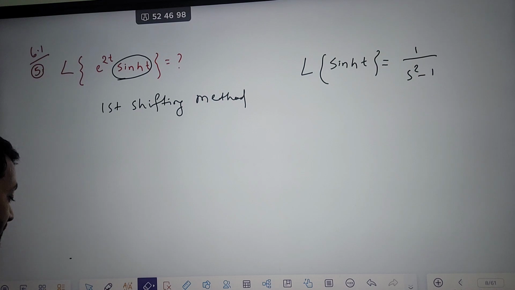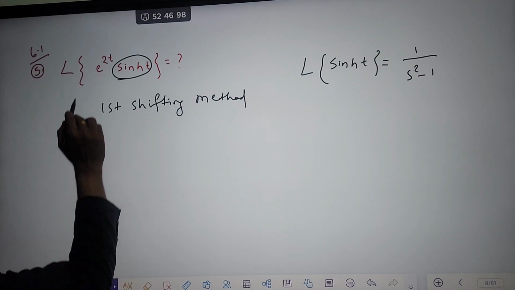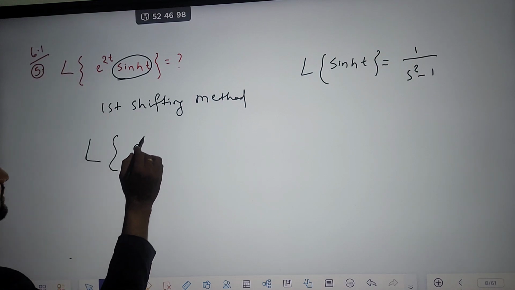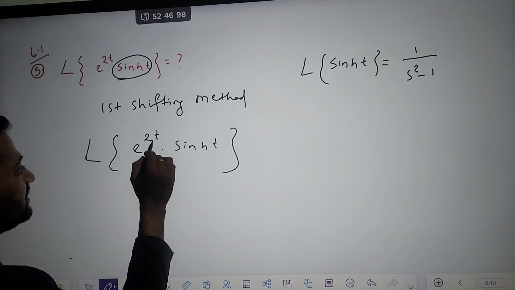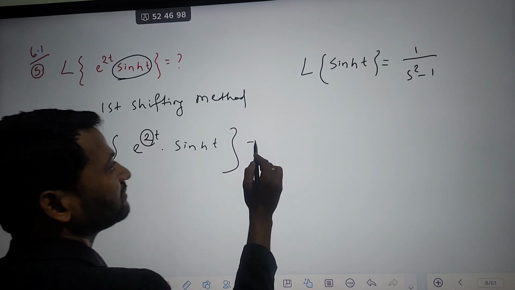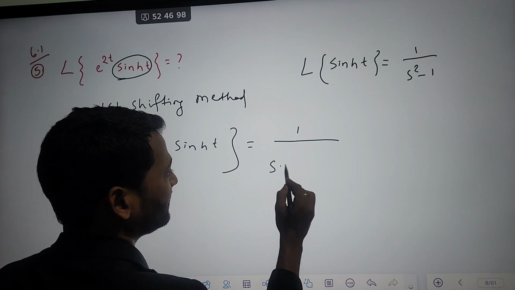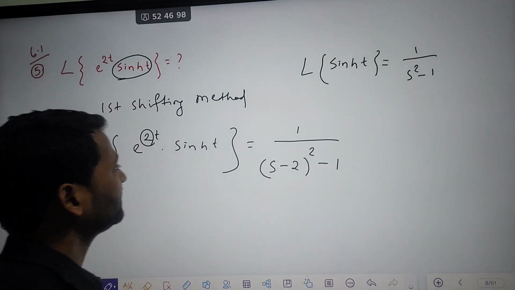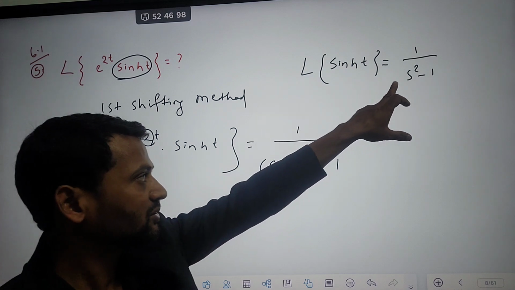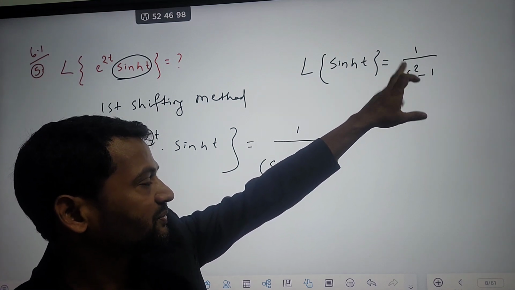Okay, so now what we'll do, then Laplace of e to the power 2t into sin ht. What will it be? Here a is 2, so 1 by s minus 2 whole square minus 1. I said, just put s minus a in place of s.